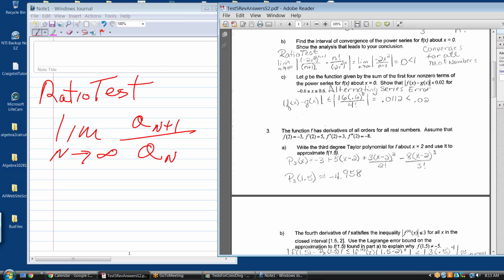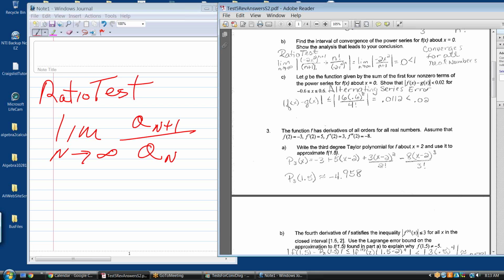If I have this expression to the n plus 1 divided by that same expression to the n, I can subtract exponents and I get just minus 2x squared in the numerator, which is what that is there. You see that? When you're dividing the same base, you subtract the exponents. That's to the exponent 1.